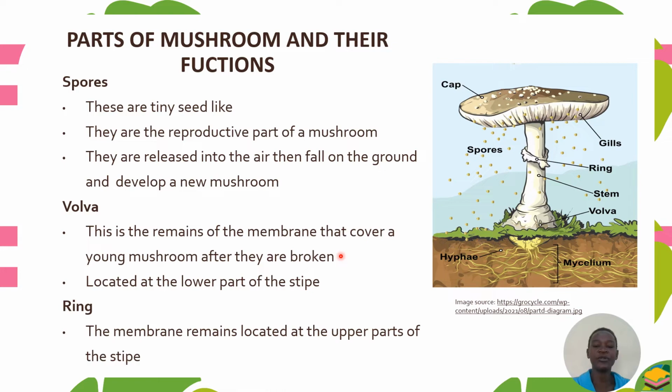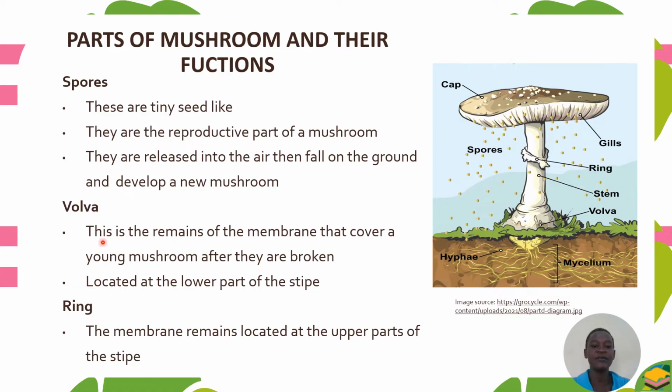Once that primordial mushroom grows into the fruit body, that membrane breaks. That membrane is located at the lower part of the stem, or of the stalk. So that is the vulva we are talking about.